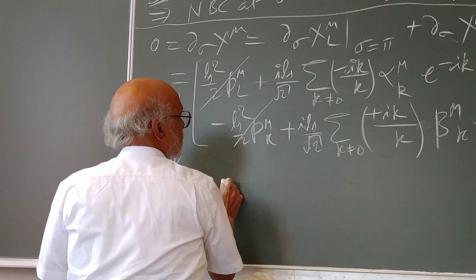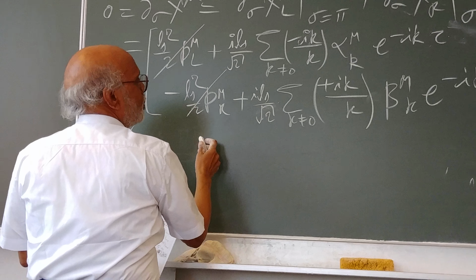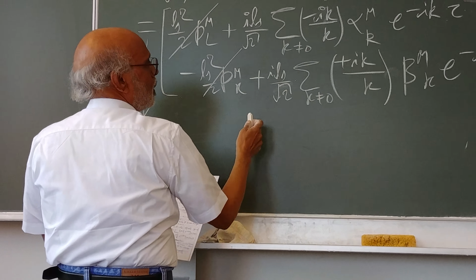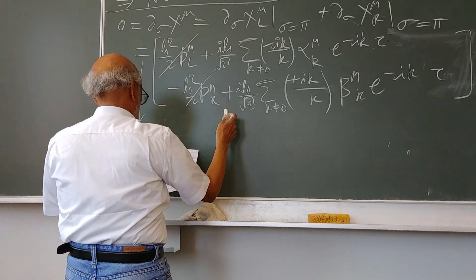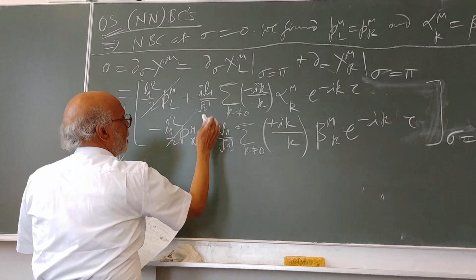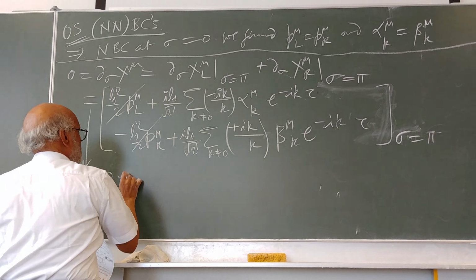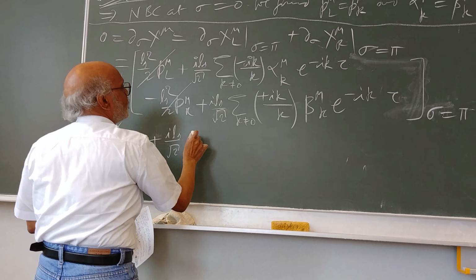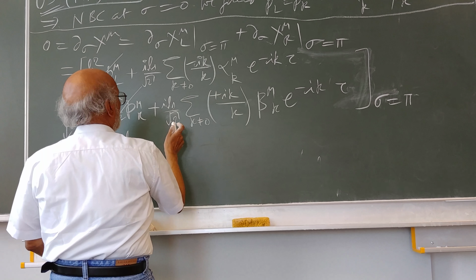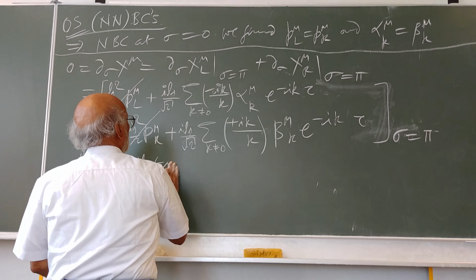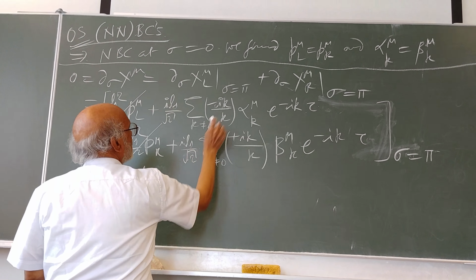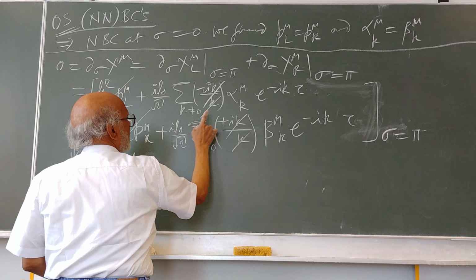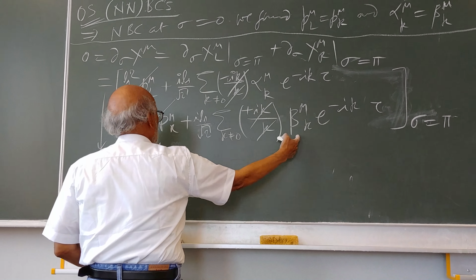Then 0 plus, let me keep these factors, plus i Ls by square root of 2 into, let me keep this also there. Let me cancel k with k and put alpha equal to beta.